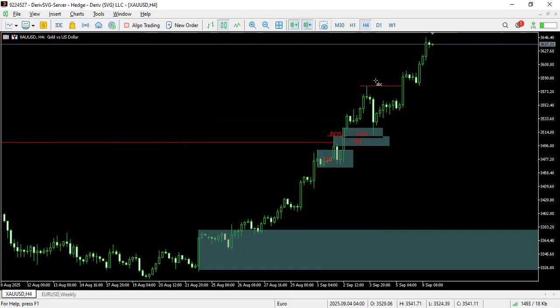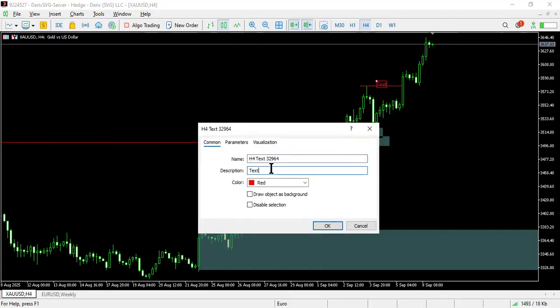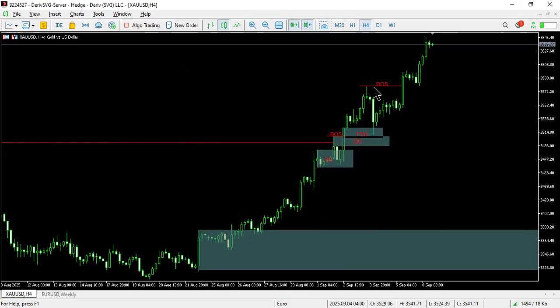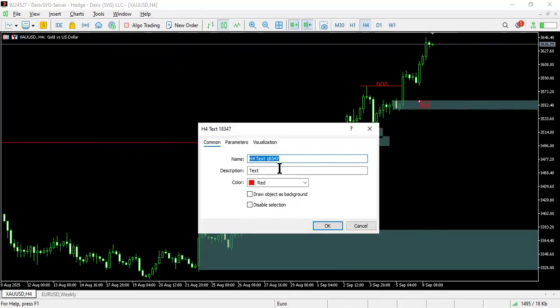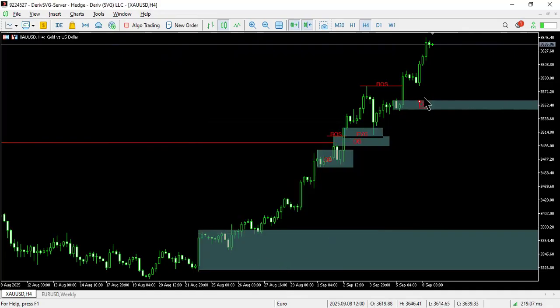So we have a break of structure. And then that is the order block which caused that break of structure.